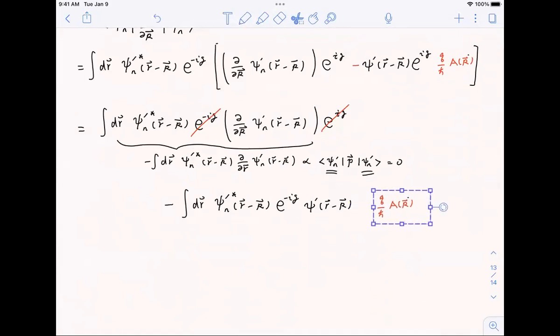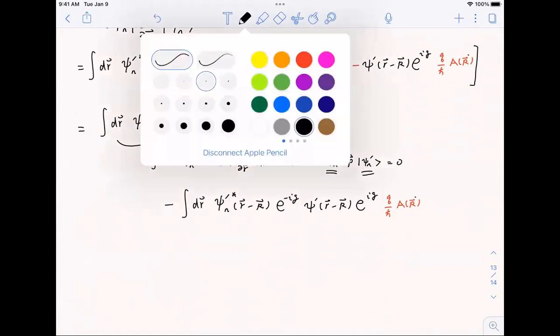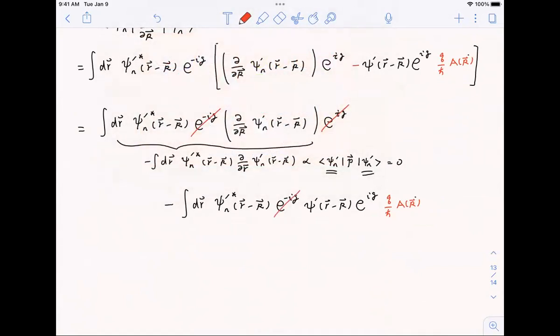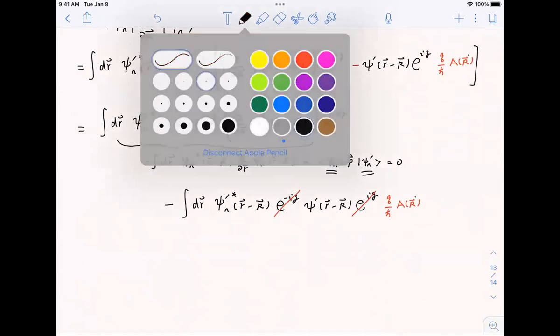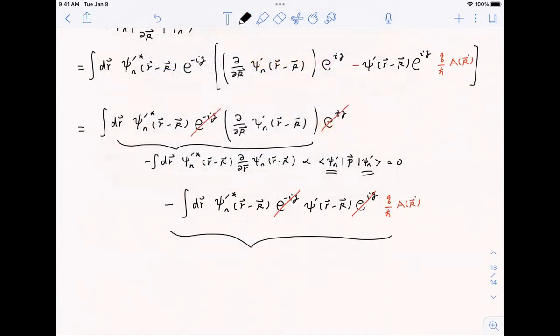So then these two will cancel, and this thing will be negative dr. These two combined together are just the absolute value squared.